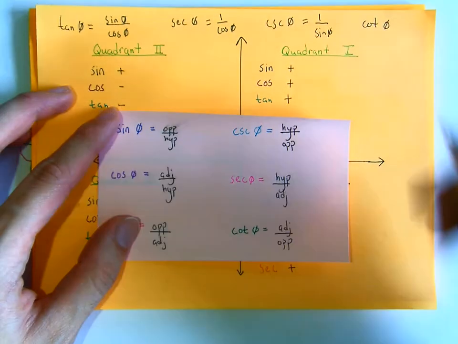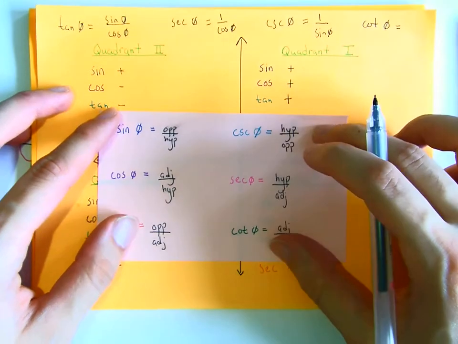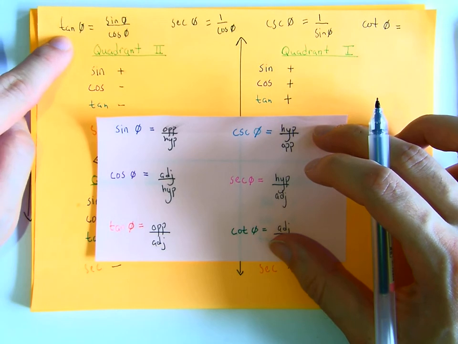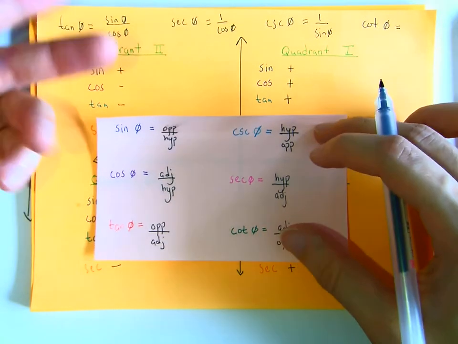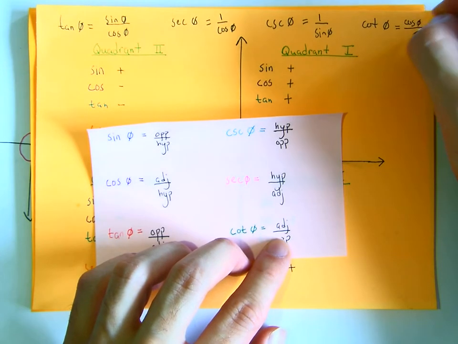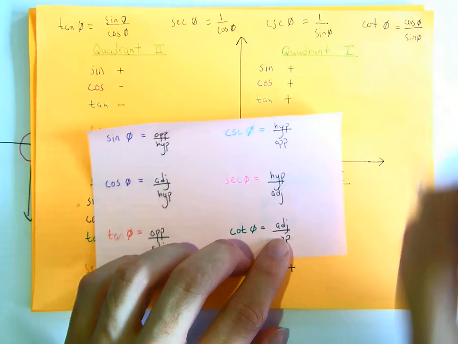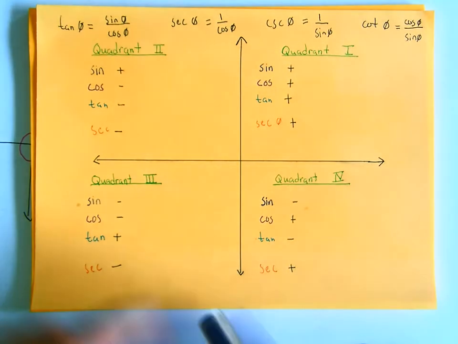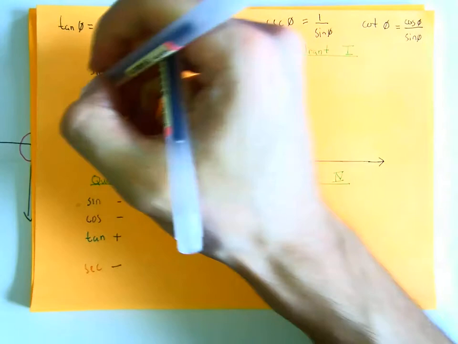And what will cotangent theta be? It'll be the reciprocal of tangent. So notice that tangent theta is sine over cosine, and cotangent is cosine over sine. So let's try and just figure out the rest. Let's look at cosecant theta.